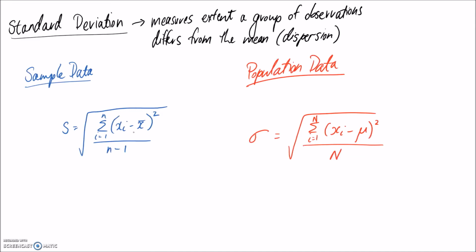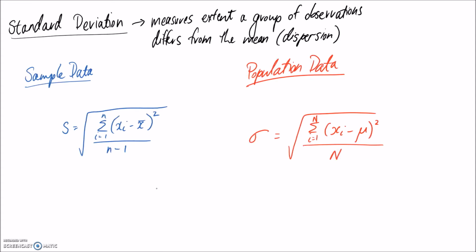So we're basically adding together the difference between our observation and the average for our sample data, and then it all gets divided by n minus 1. It's the same thing over here: we're adding together for each of our observations the difference between our observation and the mean for that population. And here is just the number of observations, except we're using a capital N simply because it's population again.